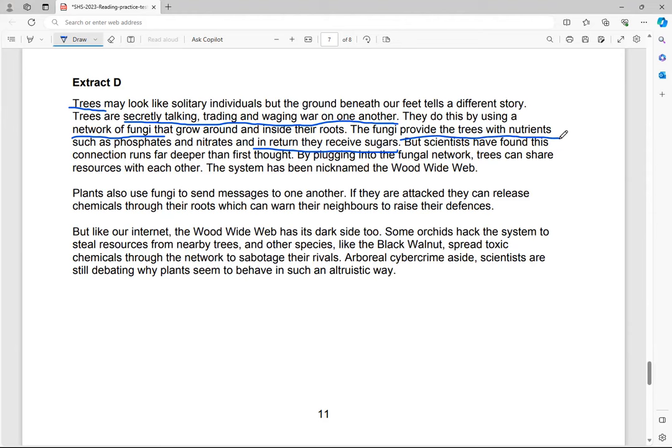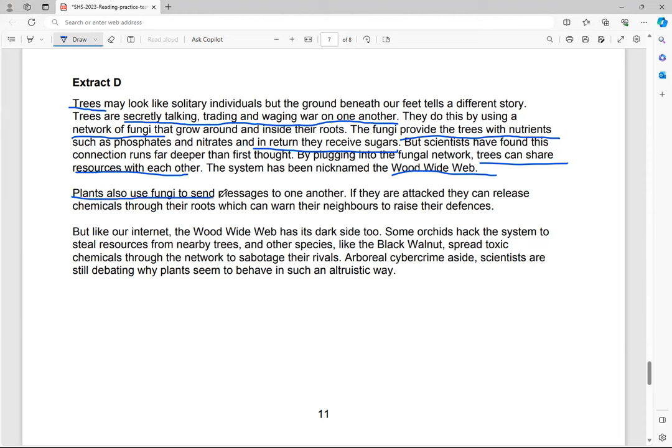But scientists have found this connection runs far deeper than first thought. By plugging into the fungal network, trees can share resources with each other. This system has been nicknamed the Wood Wide Web. Plants also use fungi to send messages to one another. If they are attacked, they can release chemicals through their roots, which can warn their neighbors to raise their defenses.